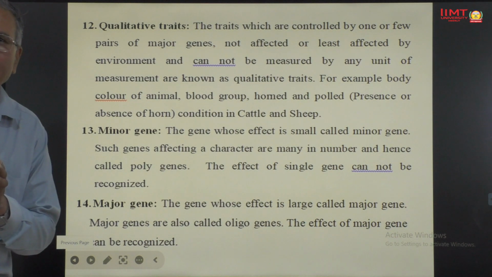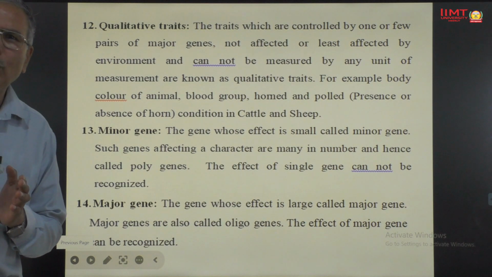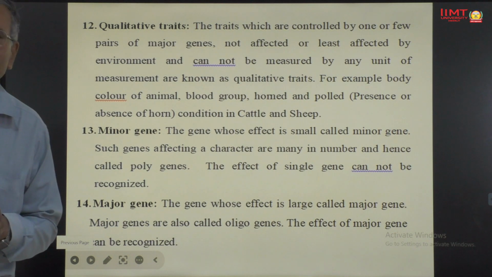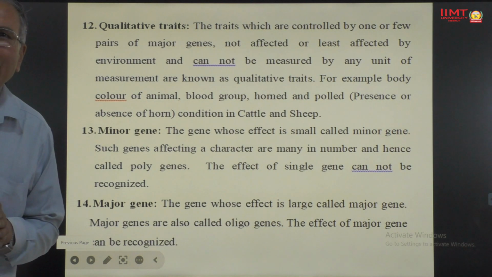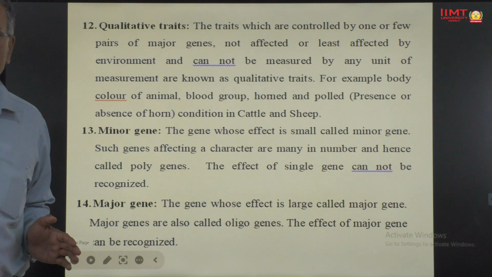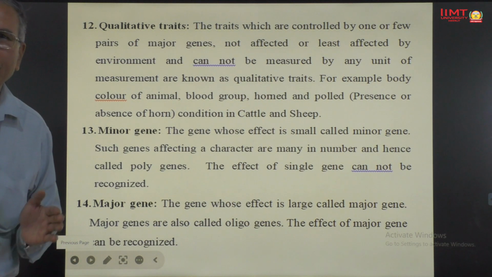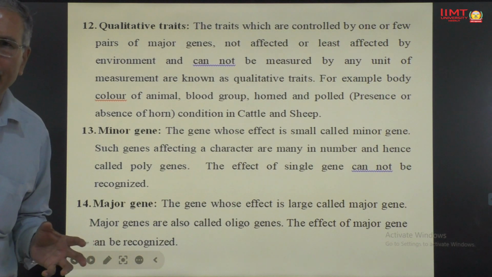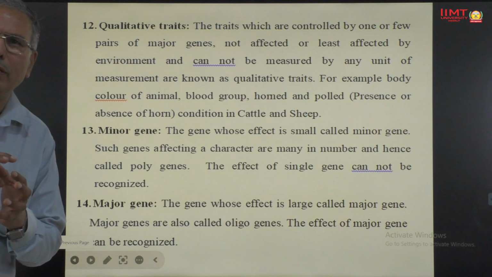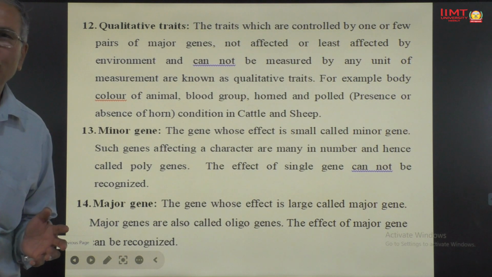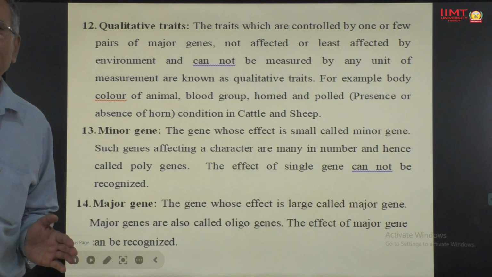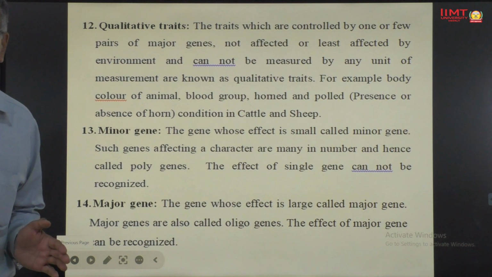These traits are not affected or least affected by environment and cannot be measured by any unit of measurement. For example, body color of the animal, blood group of the animal, horned or polled condition, or you can say presence of horn or absence of horn in case of sheep and cattle.